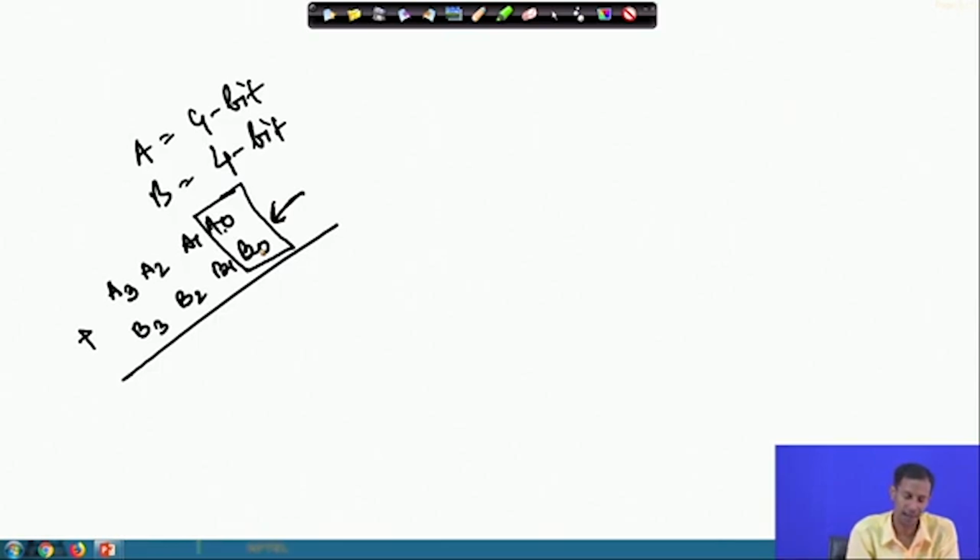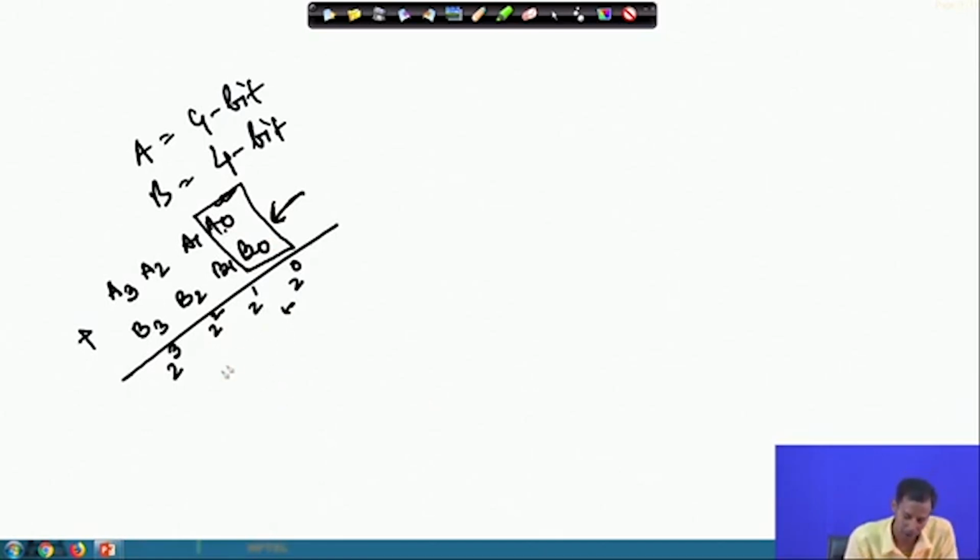What I said is that these are binary weighted values: this is 2 to the power 0, this is 2 to the power 1, this is 2 to the power 2 and this is 2 to the power 3. Whenever I add these two bit positions, the carry out generated by the addition of these two bits will go to the 2 to the power 1 position.